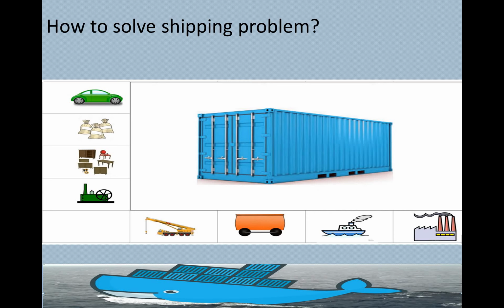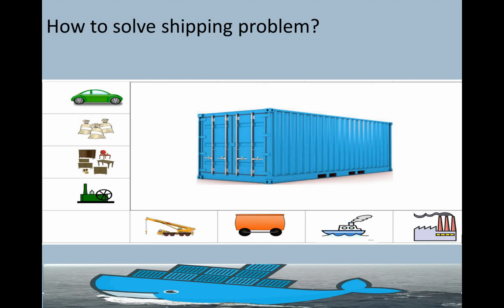Normally in the shipping industry, we use the container. Let's suppose I need to ship something from New Delhi to London. That material can be anything. I can put it into the container, and then that container can go via road, via train, or via ship from one place to another.